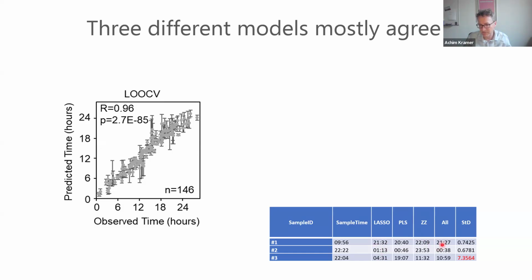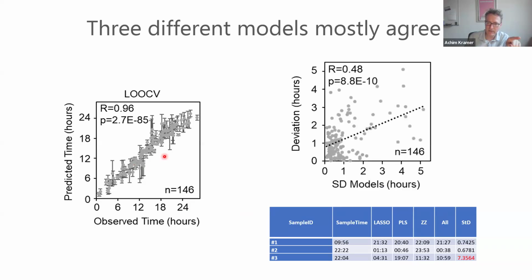So for this sample, the mean prediction would be 9:27, and this is the standard deviation. For some of the samples, however, the predictions don't agree at all. So here we have 4 a.m., 7 p.m., 11 a.m., which gives you a really high standard deviation. So the models are not agreeing, and this leads to these high error bars.